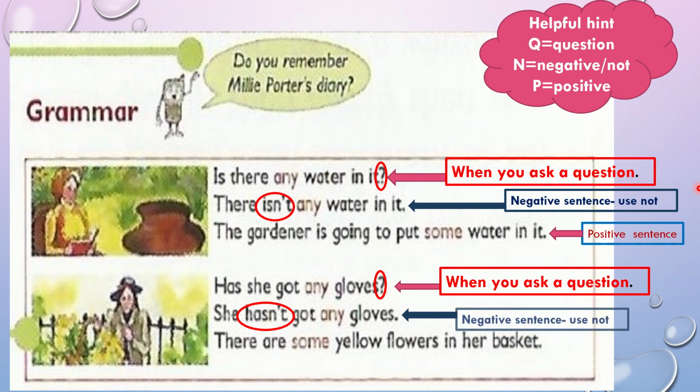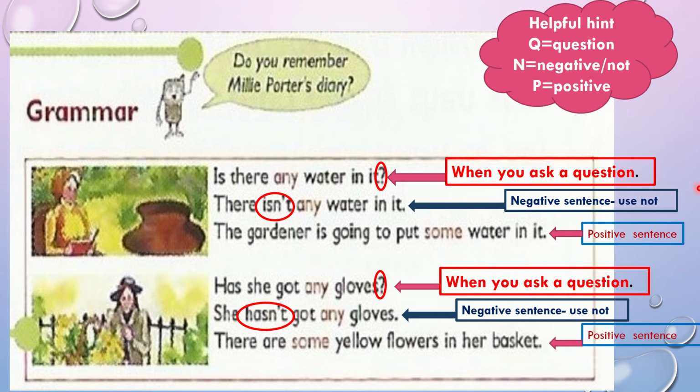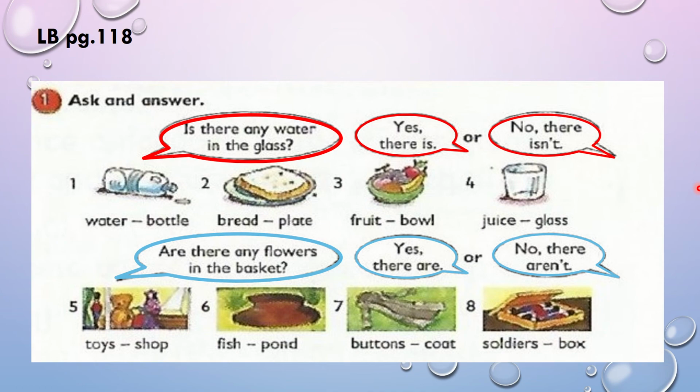This is a negative sentence where we use not. She has not got any gloves. She hasn't got any gloves. There are some yellow flowers in her basket. This is a positive sentence.